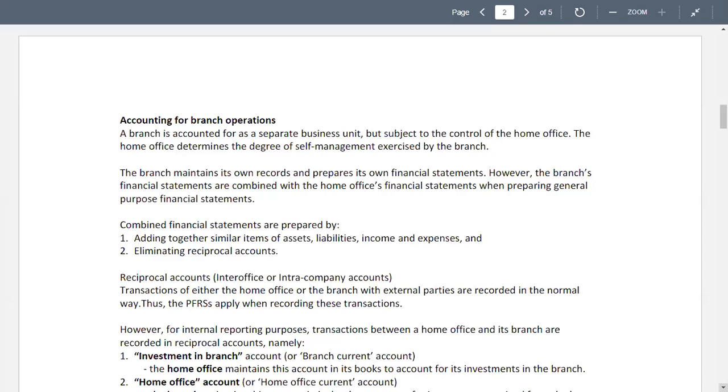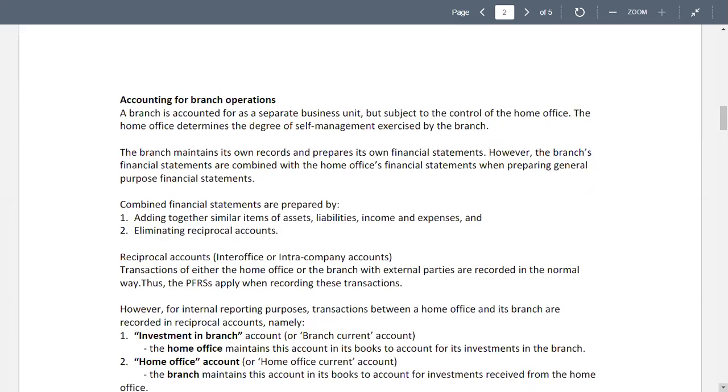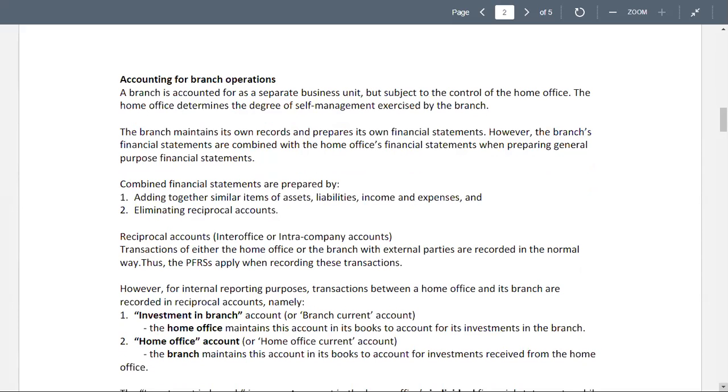However, for internal reporting purposes, transactions between a home office and its branch are recorded in reciprocal accounts, namely investment in branch account or branch current account. The home office maintains this account in its books to account for its investment in the branch.